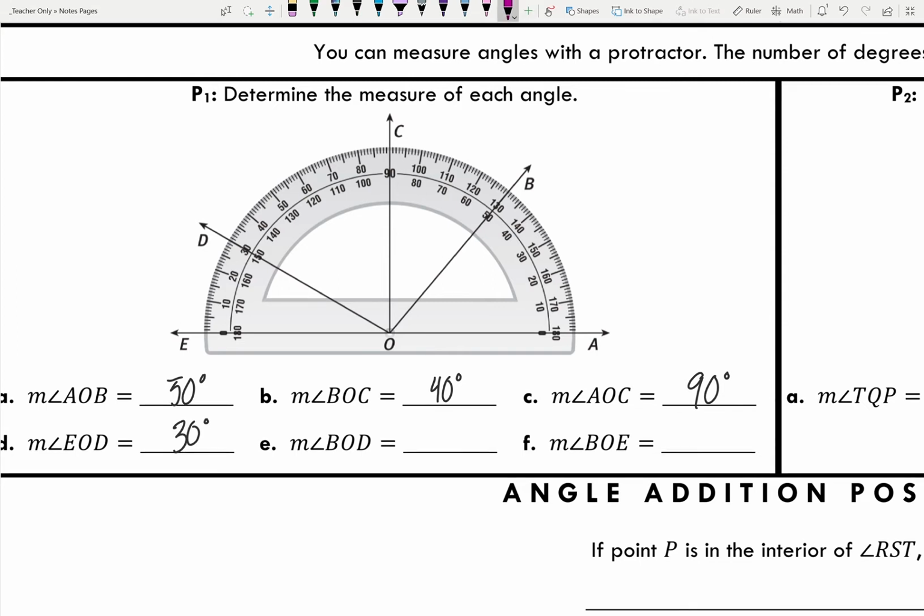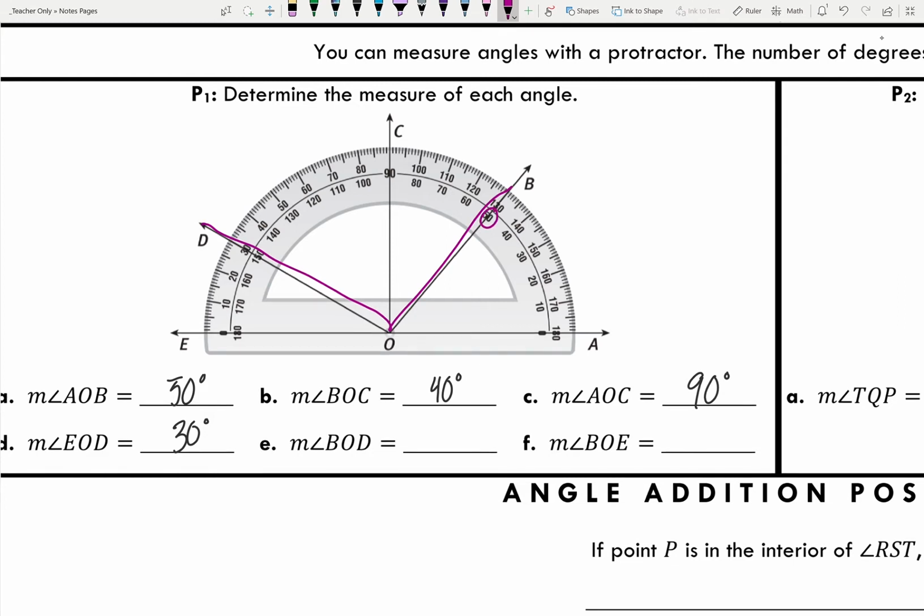Measure of angle BOD. BOD right here. So B intersects at, say, 50.